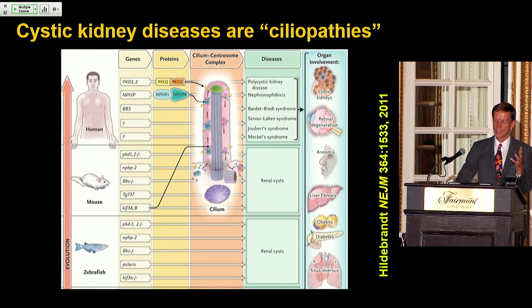Photoreceptors are actually specialized primary cilia. You've seen in the textbooks that principal cells in the collecting duct have this beautiful cilium sticking out, which may have a mechanosensor function.